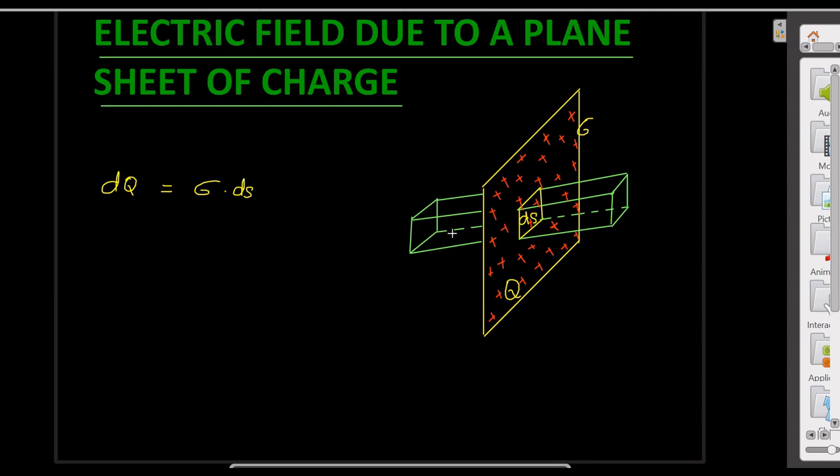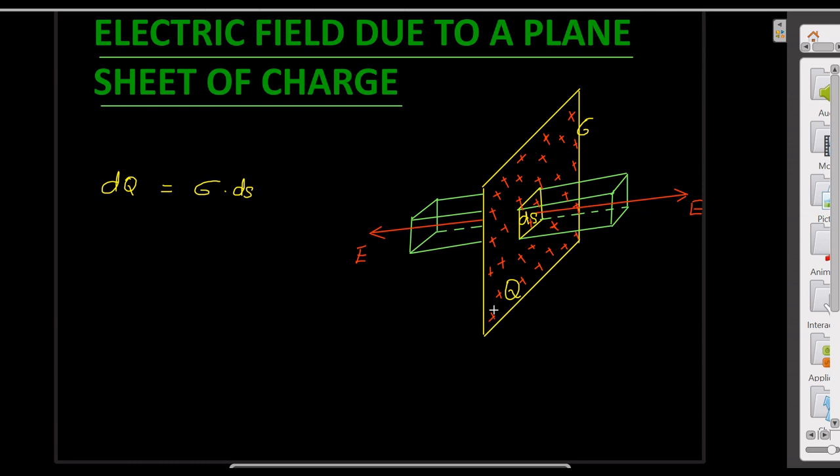We know the electric field due to the charge on the sheet is perpendicular to the plane of the sheet. The electric field lines are perpendicular to the plane sheet of charge. So it can be along the positive x direction or it can be along the negative x direction also.